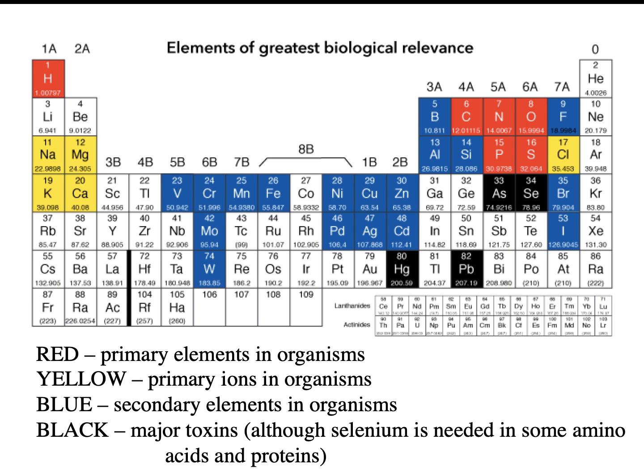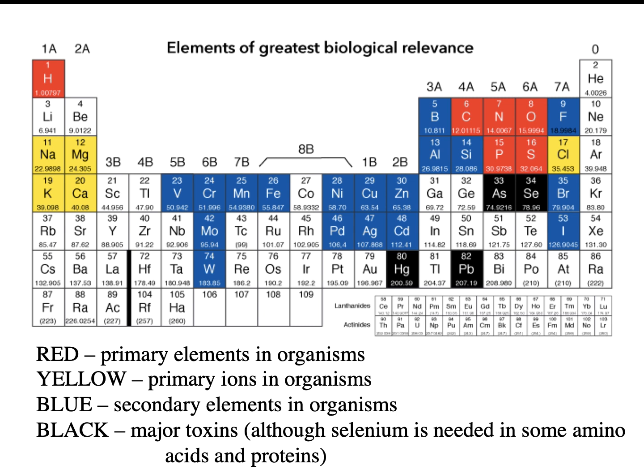The elements in yellow are the primary ions used in organisms, including sodium, magnesium, potassium, calcium, and chlorine. And then the ones shaded in blue are secondary elements, and those include things like iron, manganese, chromium, zinc, that are used in various ways in biological systems.